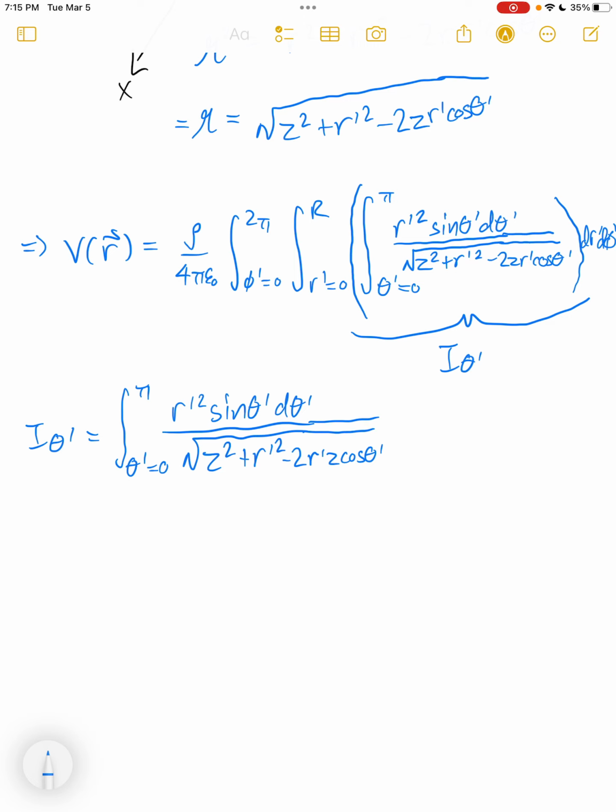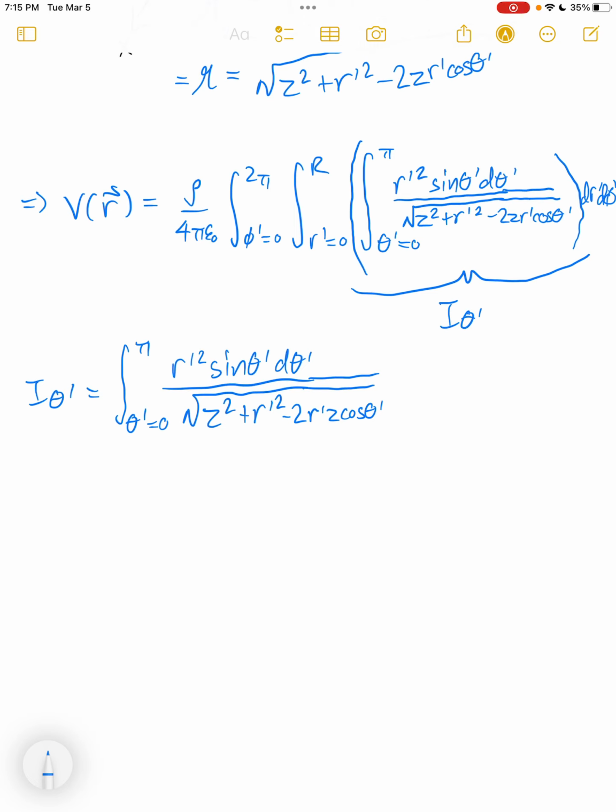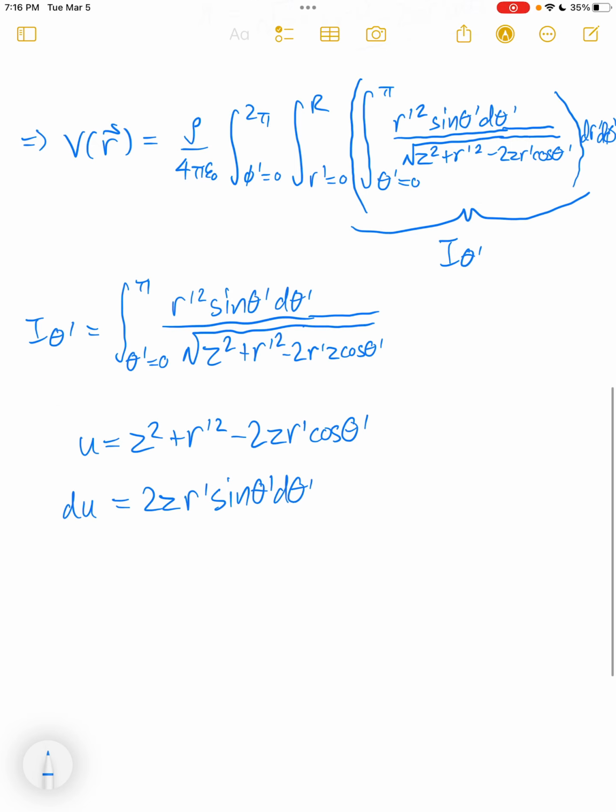Okay, so like I promised, there's a really nice u substitution we can make here. If we let u equal to this business, du is simply 2z r prime sine theta prime d theta prime.